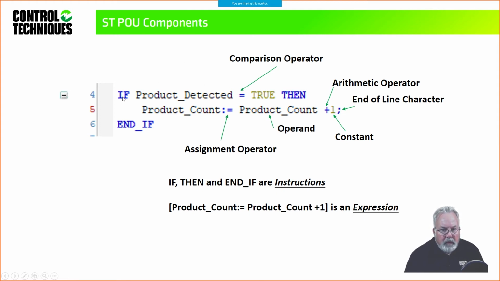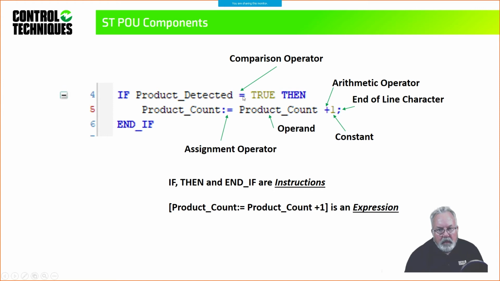So here's an if statement here. Well, let me use the correct term. If, then, and end if are referred to as instructions. That's going to be important when I show you the help system next, right? If you want to know how an if works, that's going to be found in the instructions help. So that's an instruction. Now we have operators.